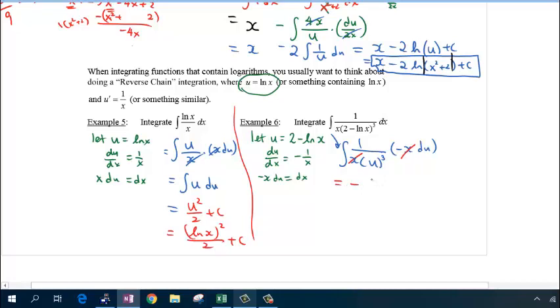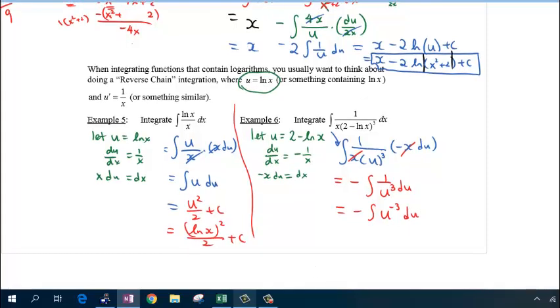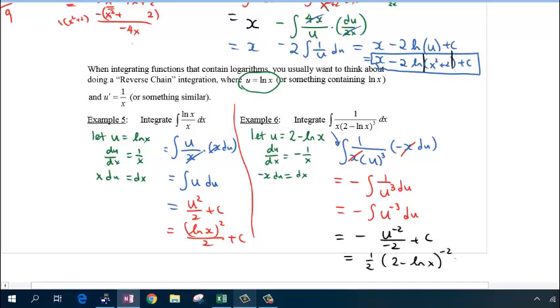Divide out. Ooh, look what you see now. Another power. Now you're ready to anti-differentiate. u to the negative 2 over negative 2 plus c. Lots of negatives, don't freak out. That's quite alright. Ta-da.